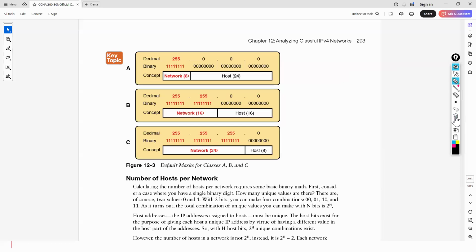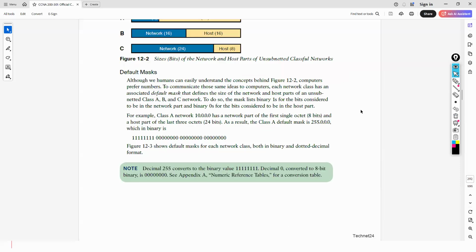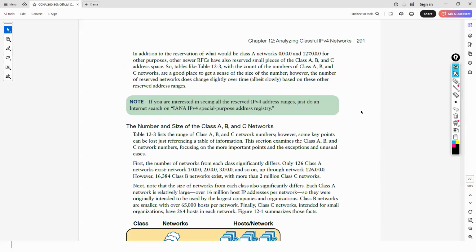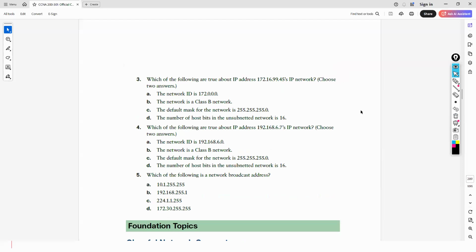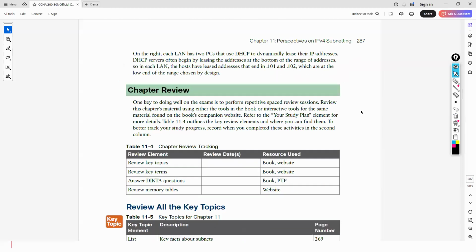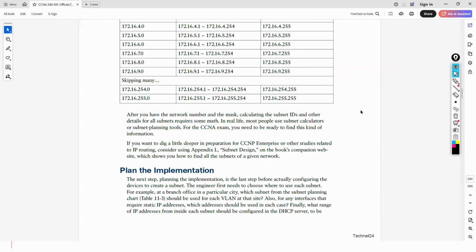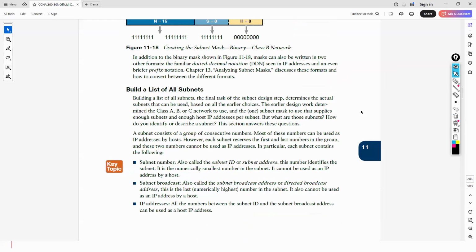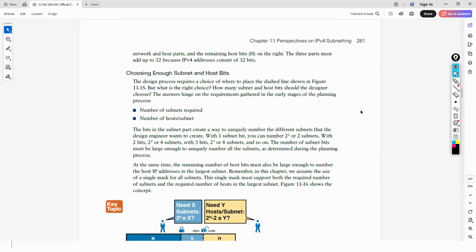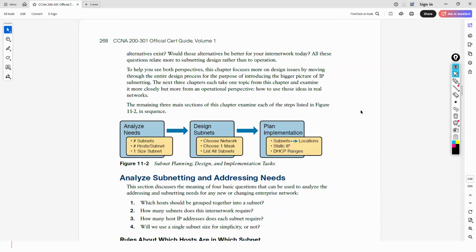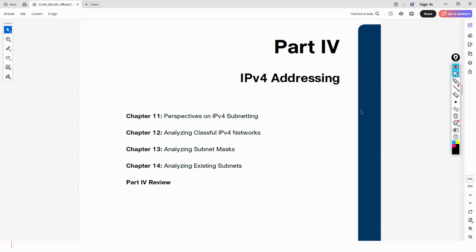And what are those numbers? Let me go back. Can I find those numbers? Yep, here.